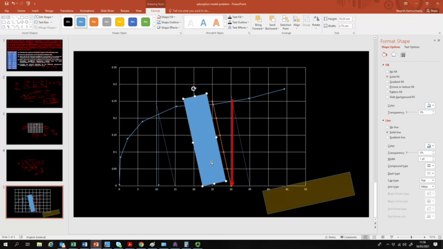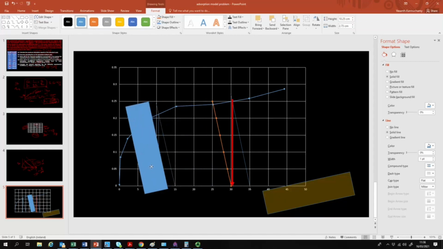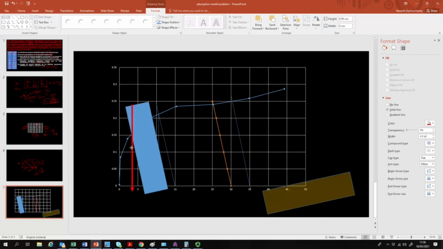If you want to calculate, for example, somewhere around here, say like 6 grams per liter, you will have your equilibrium concentration somewhere around, say, 1, 2, 3, 4, something in between 3 to 4 grams per liter. So that's how we have to calculate.